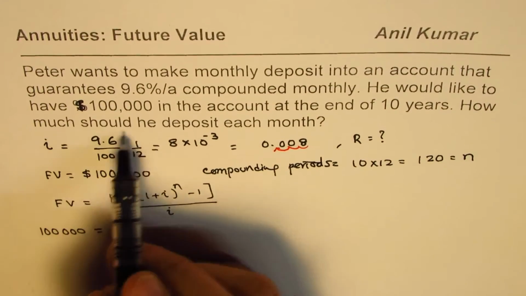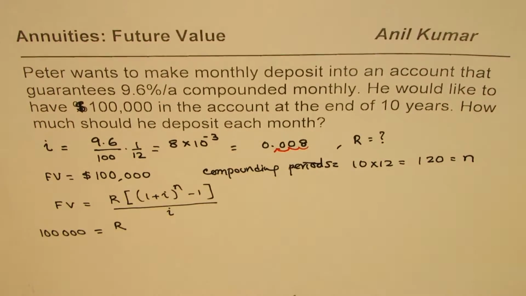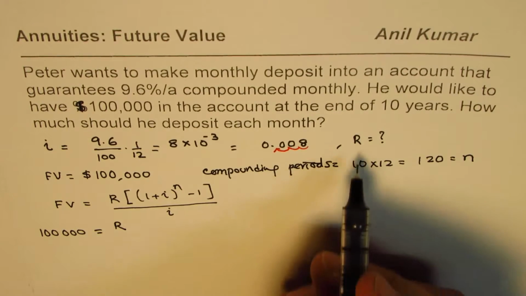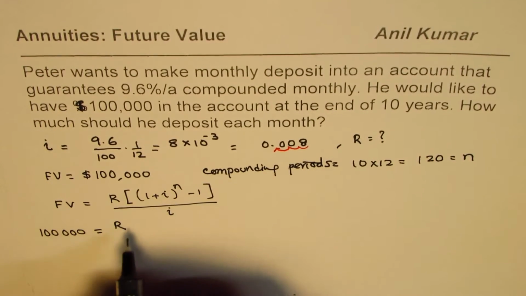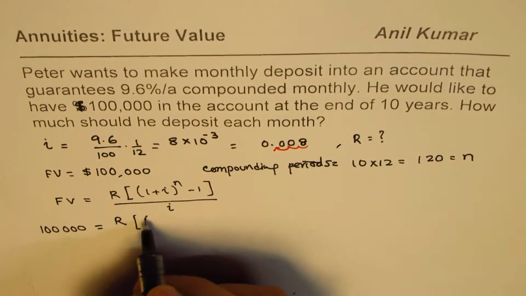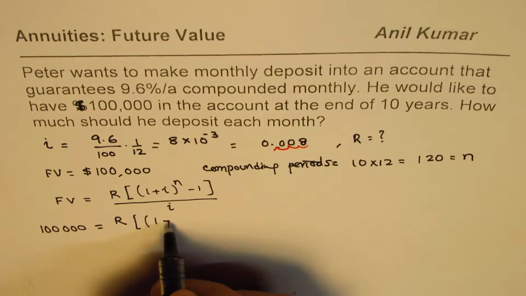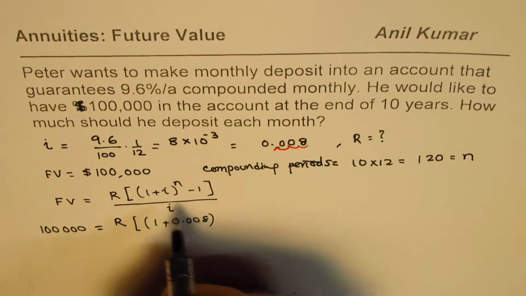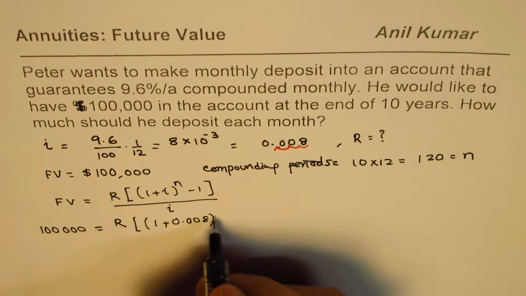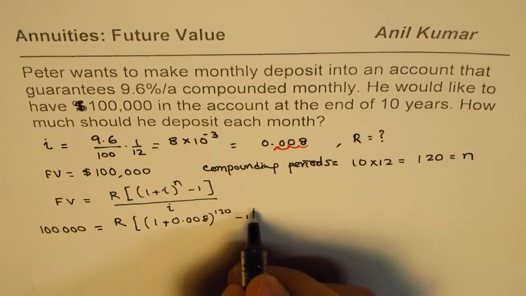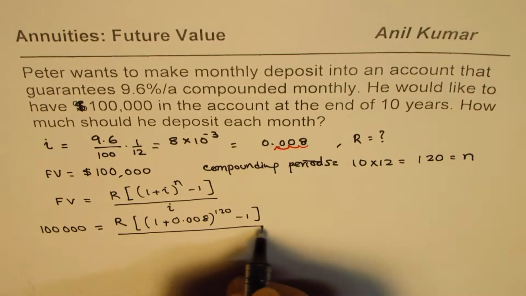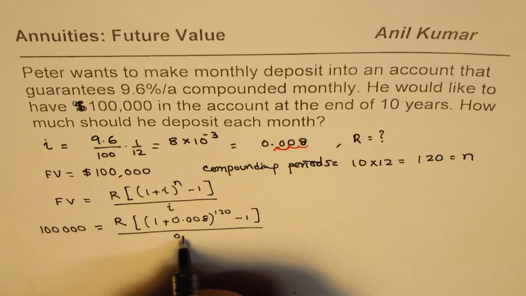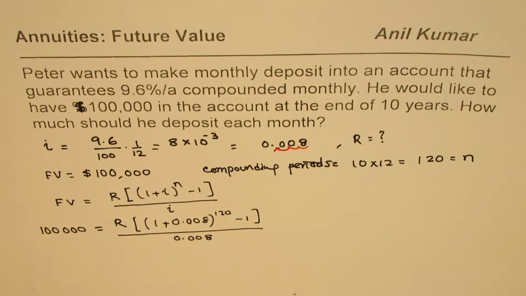So how much should he deposit each month? That is what we need to calculate, the R value. Here we know I, so 1 plus I is 1.008, to the power of n, where n is 120, minus 1, divided by I, which is 0.008.